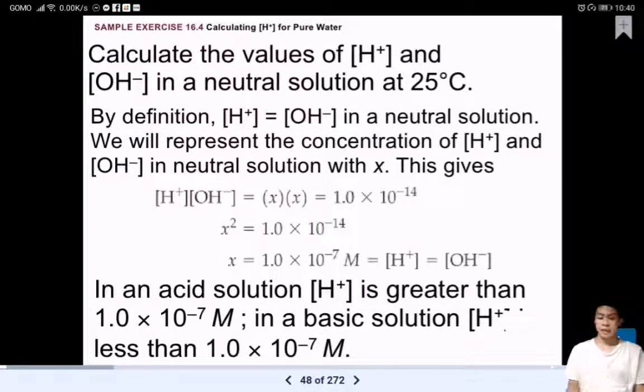So, some exercise. Calculate the concentration of H⁺ for pure water. So calculate the values of H⁺ and OH⁻ in a neutral solution at 25 degrees Celsius.